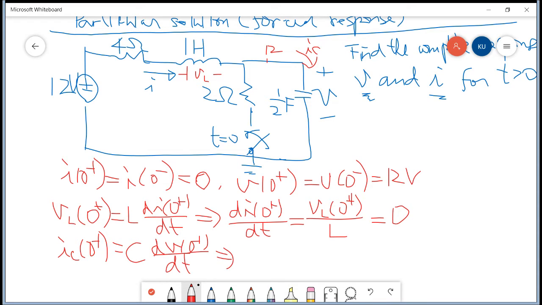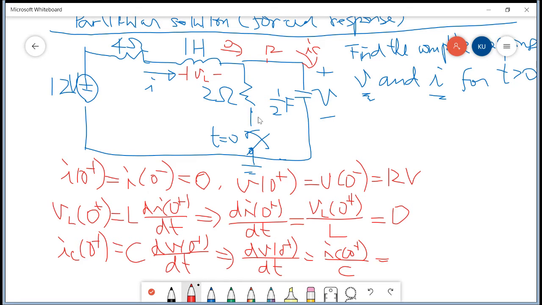In this case, dV(0+)/dt is IC(0+) over C. And actually, I is 0 A, so this is 0. This is 12 volt.